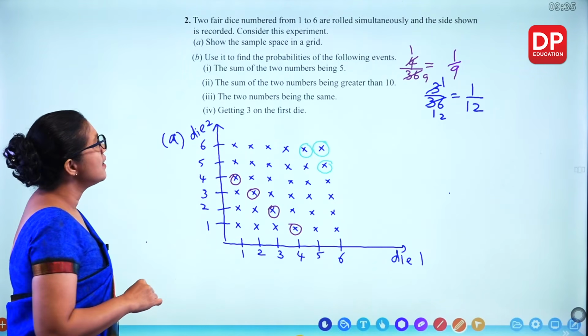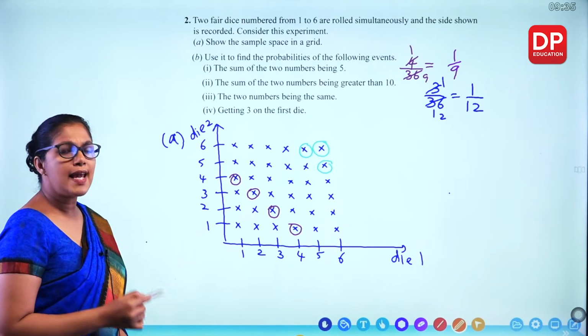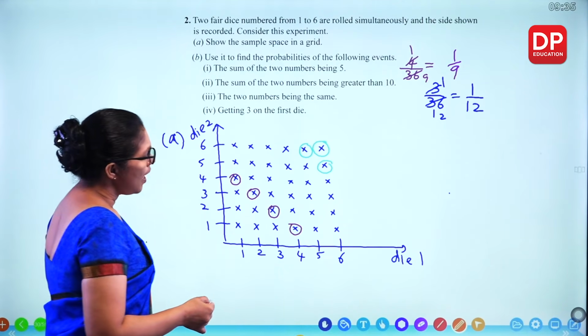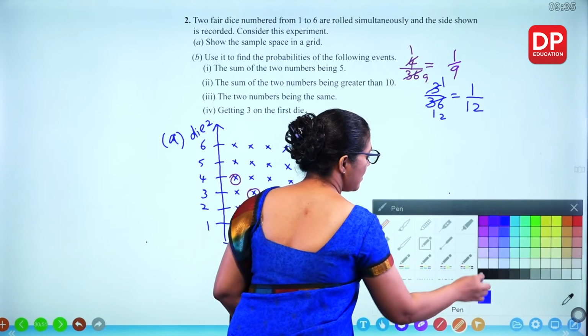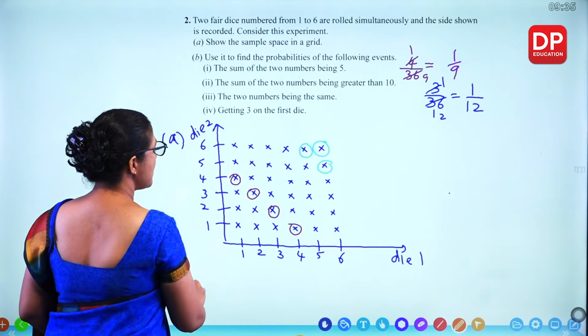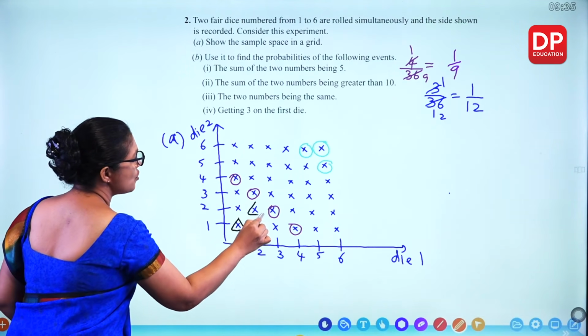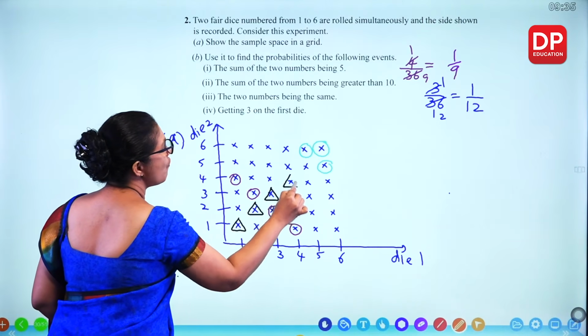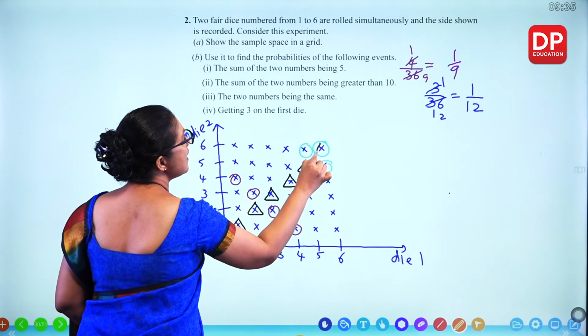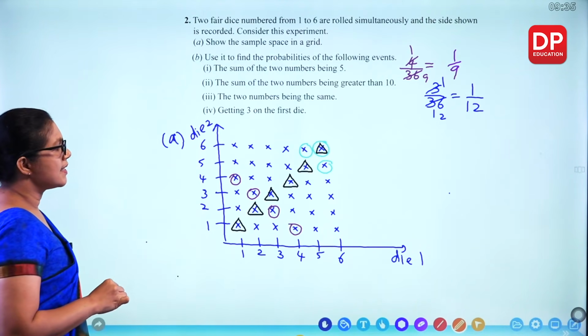Third one, the two numbers being the same. What are the possibilities? You can get two numbers are the same: 1, 1, 2, 2, 3, 3, 4, 4, 5, 5 and 6, 6.